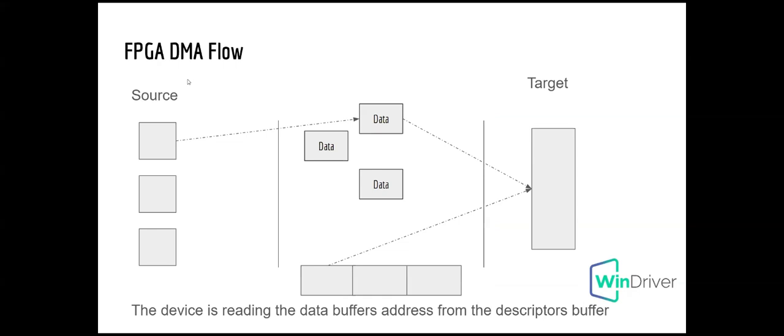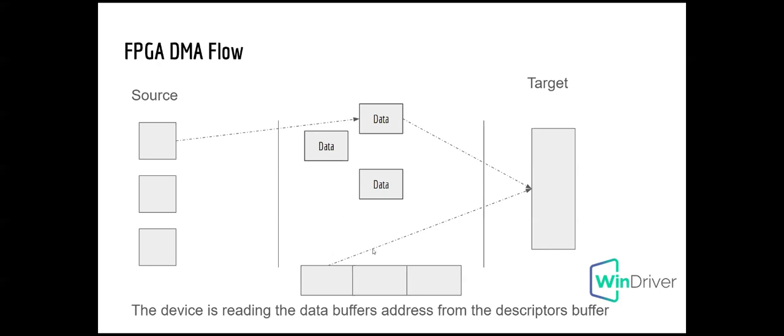And then the next thing happens. The target, which in this case is the FPGA, is reading the data addresses from the descriptor buffer. It gets from the descriptor the information, the buffer's address of the data, because we said this descriptor contains the information on this data buffer.